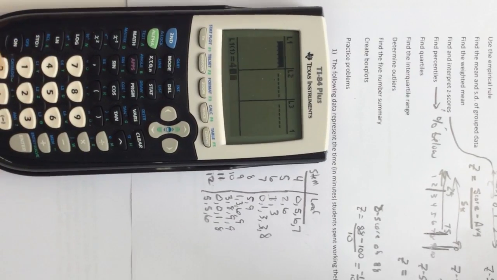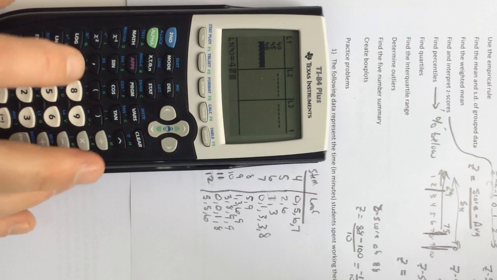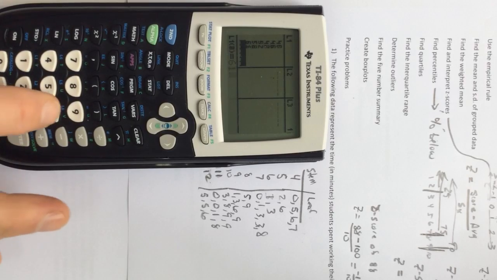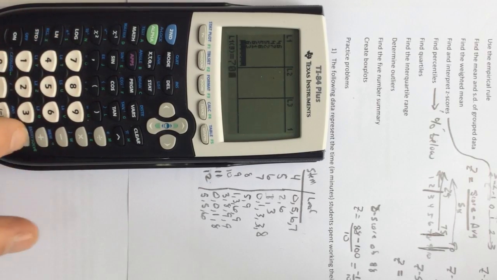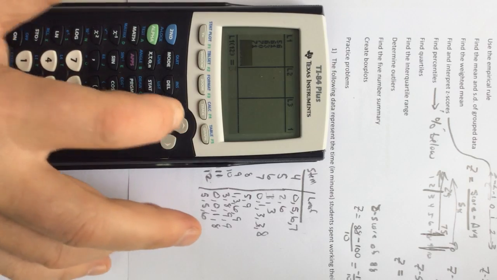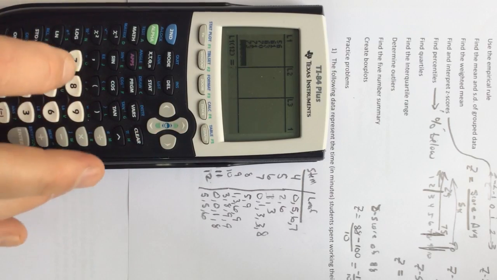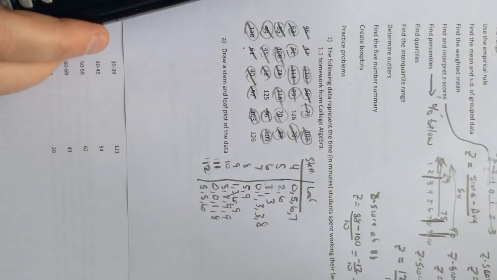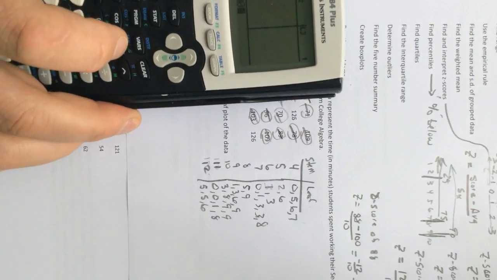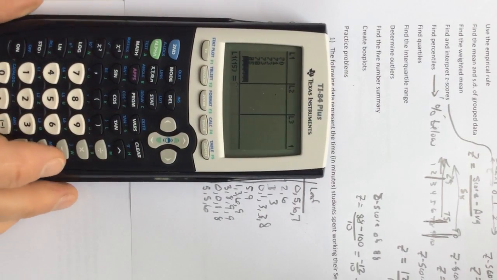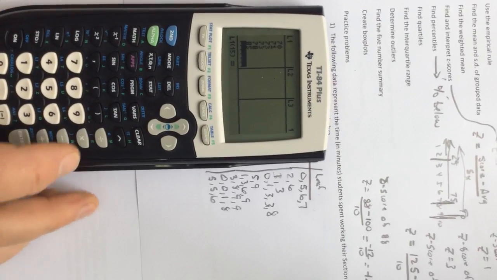So we got 40, 45, 46, 47, 52, 56, 61, 63, 70, 71, 73, 73, 78, 80, no, 85, 89.